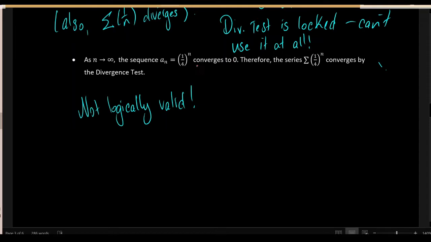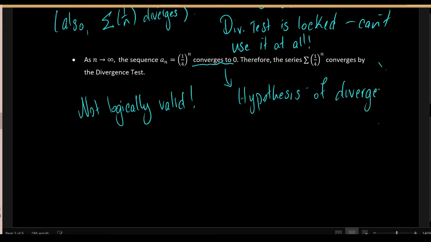Once again, the sequence converges to 0, which means that neither of the hypotheses of the divergence test are satisfied. Which means that referring to the divergence test in this problem is completely inappropriate.